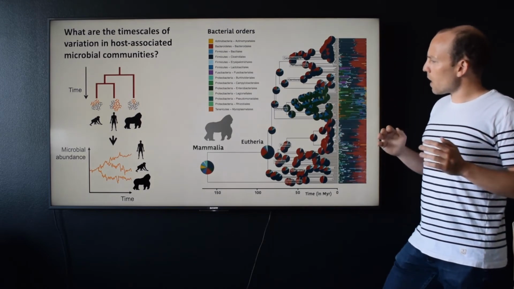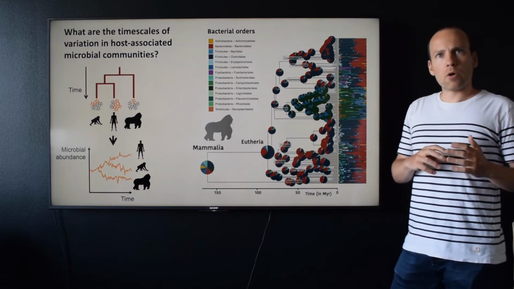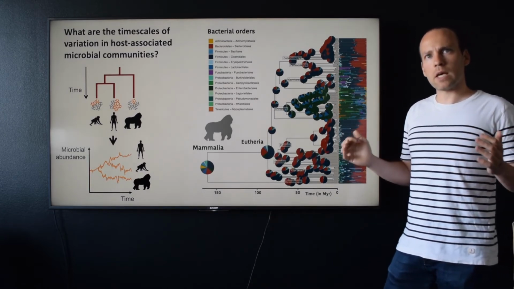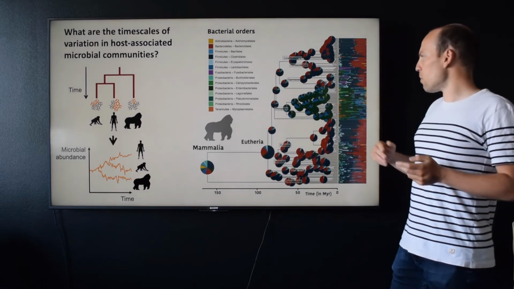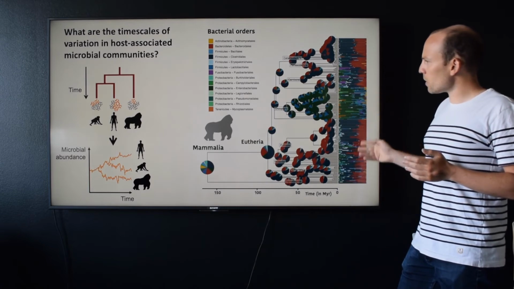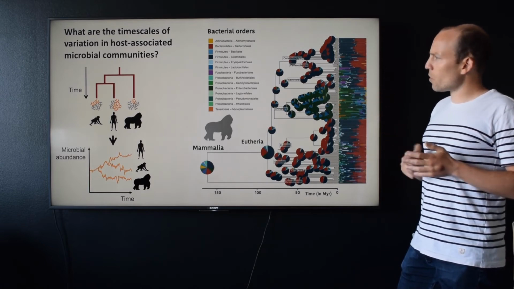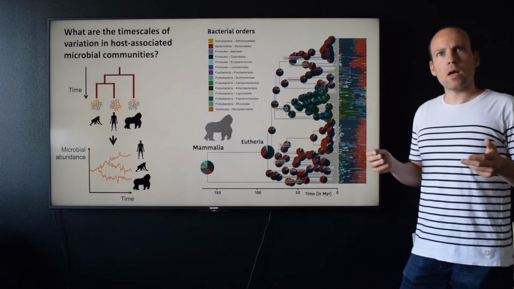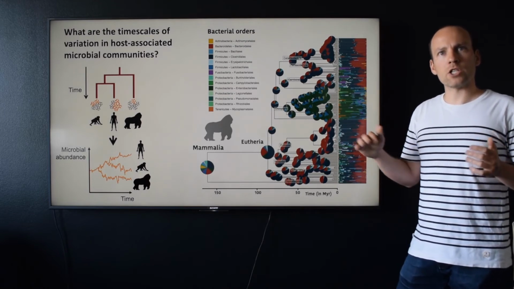And we are modeling how the composition of the microbial communities changes over long time scales. And doing that, we've been able to show that quite a lot of the variation that can be observed across different host species, for instance in mammals or birds, can be explained by long-term changes.